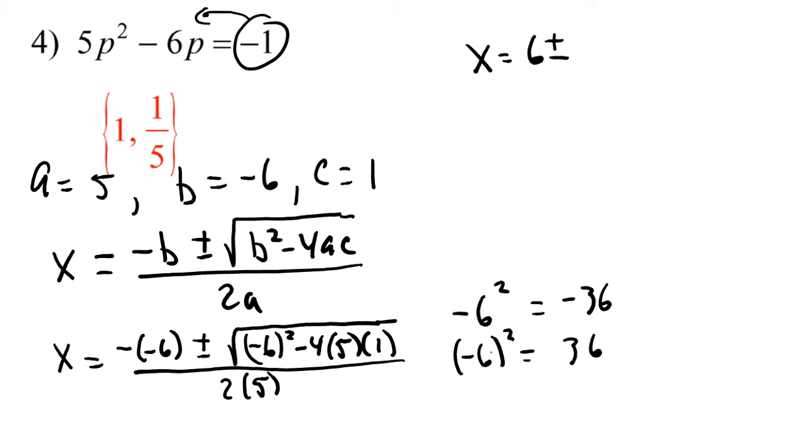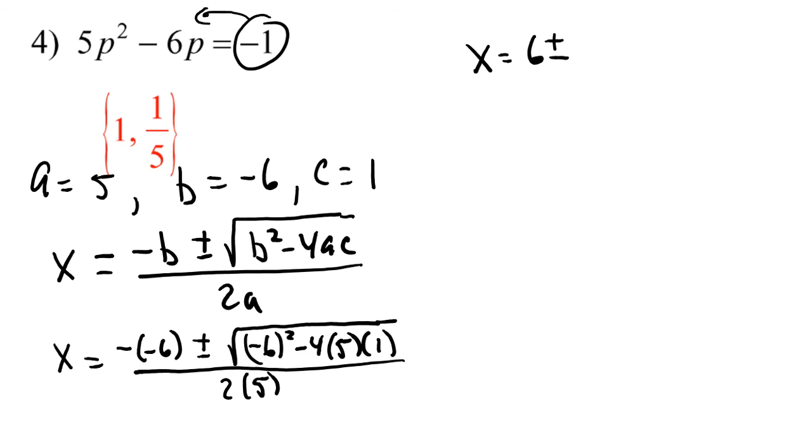So when you key it into the calculator, I suggest you use parentheses. It's a little extra work, but it'll keep you from making a simple mistake. And then (-6) squared minus 4 times 5 times 1 equals 16.